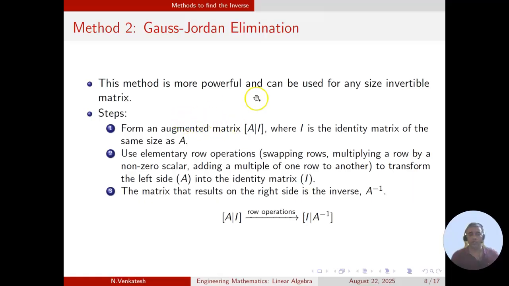In this we consider the augmented matrix [A | I], where I is an identity matrix, and then do some elementary row operations, that means swapping two rows, multiplying a row by some non-zero scalar, or adding multiples of one row to another row, such that we transform the A matrix into I. Whatever matrix I is transformed into, that matrix we call the A inverse of the given matrix.